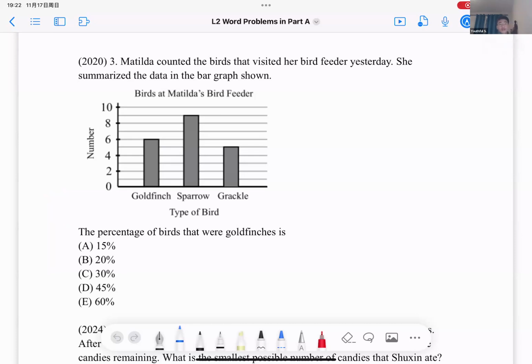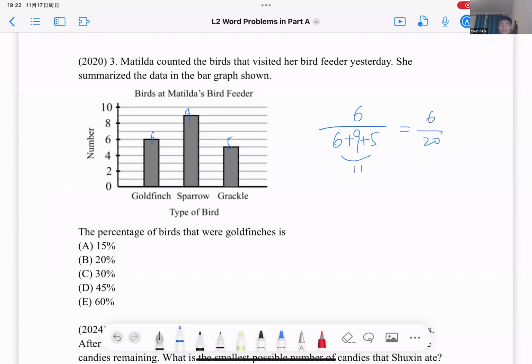She summarized the data in the bar graph shown. We're going to calculate the percentage of birds that were goldfinches. So goldfinch is 6, and the total number of birds is 6 plus 9 plus 5. This is 20. This is 6 over 20.